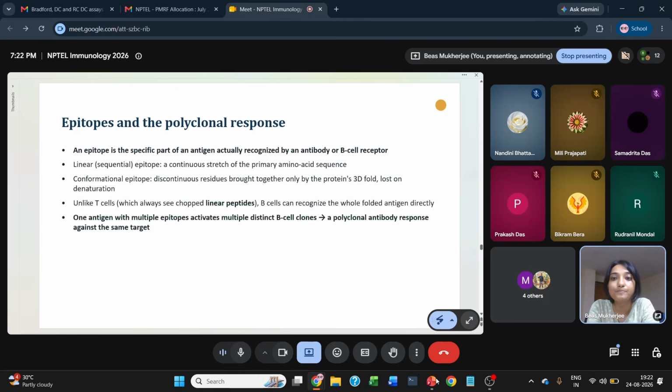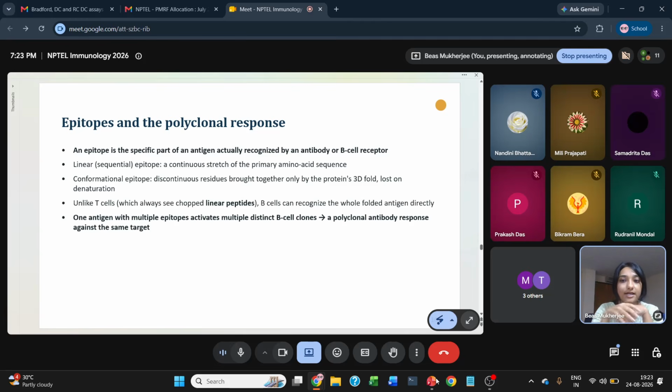Now, a continuous stretch of the primary amino acid sequence is a linear sequential epitope. A conformational epitope is made of discontinuous residues brought together only by the protein's 3D fold, and it is lost on denaturation. When the protein is denatured, it becomes a long linear form, and its epitope is no longer active because the conformational arrangement is gone. So the BCR will not recognize it anymore.